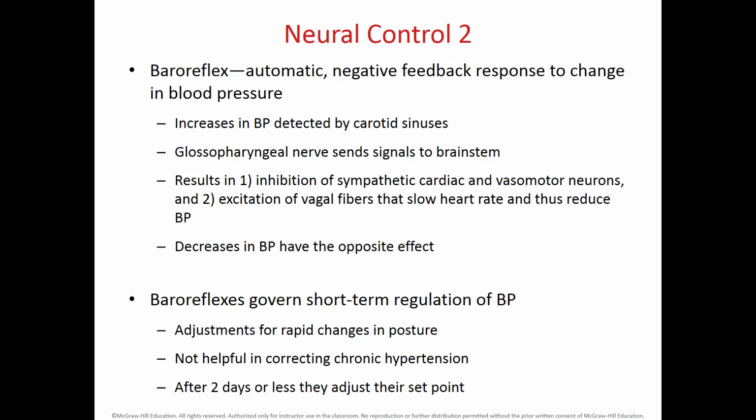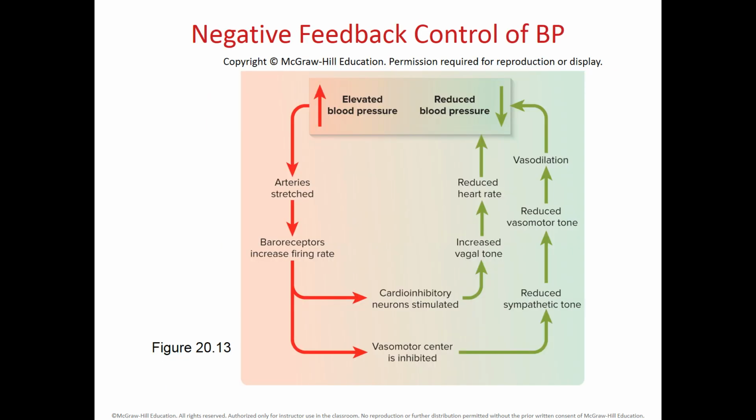Now, the baroreflex will just make these short-term changes in the blood pressure. It will help to adjust the blood pressure when you have a rapid change in posture, but it won't be helpful to correct chronic hypertension. And after 2 days or less, they adjust the blood pressure to a certain point. So, negative feedback helps to control the blood pressure.